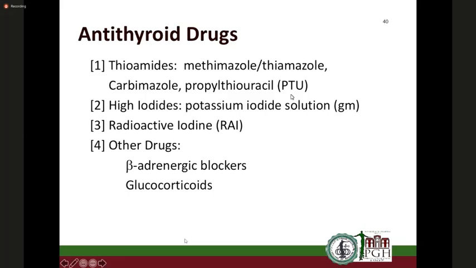The only exceptions would be pregnancy, especially the first trimester, where PTU is preferred, and also in thyroid storm, because of the additional effect of PTU of inhibiting peripheral conversion of T4 to T3. Those are probably the two exceptions. And of course, if you have allergies to methimazole. The other highlight that you have to remember is that carbimazole is the prodrug of methimazole.